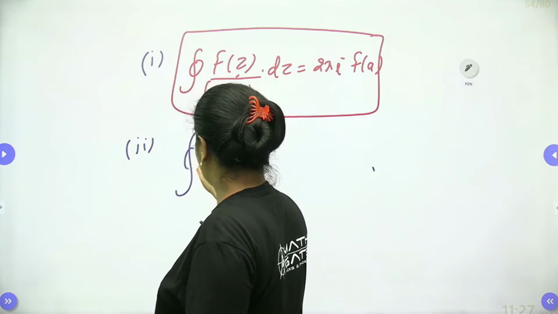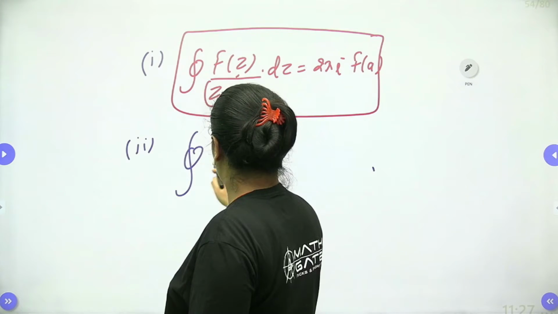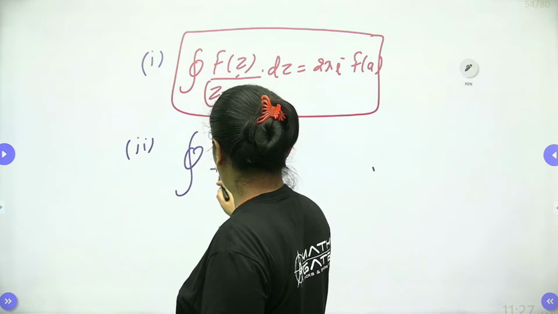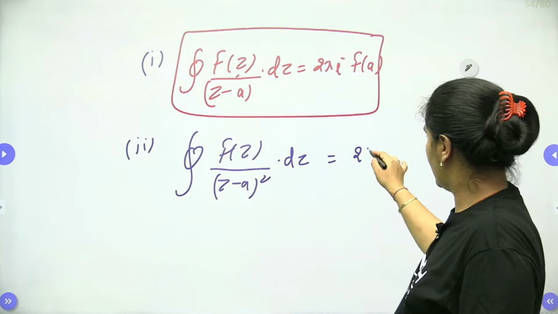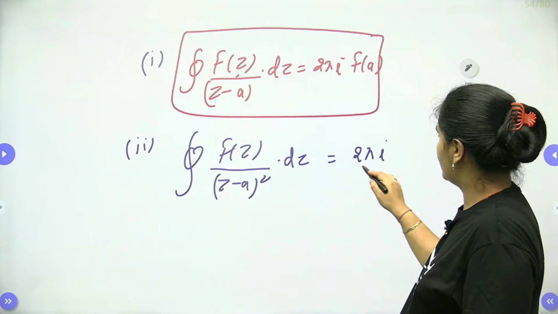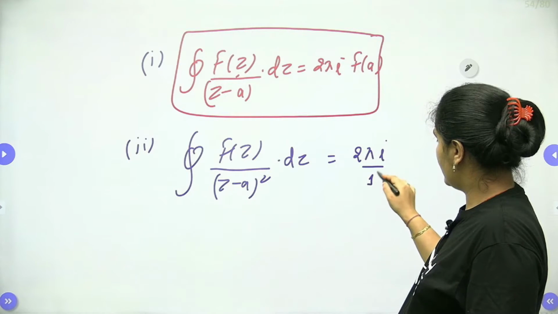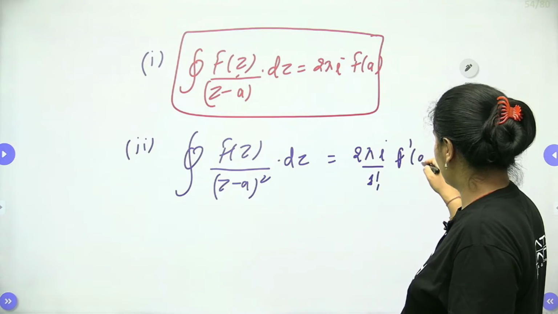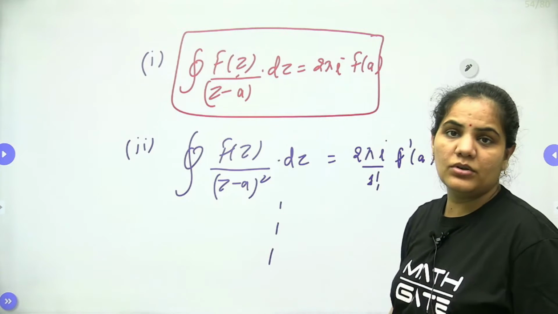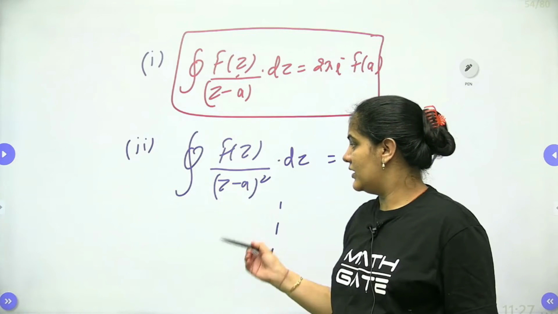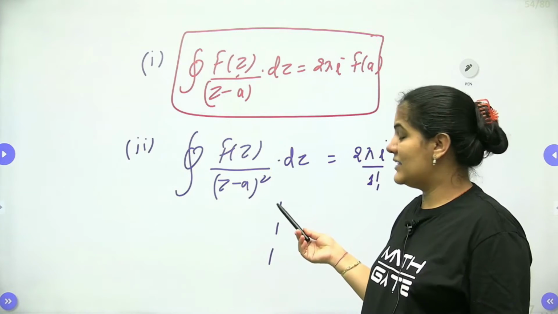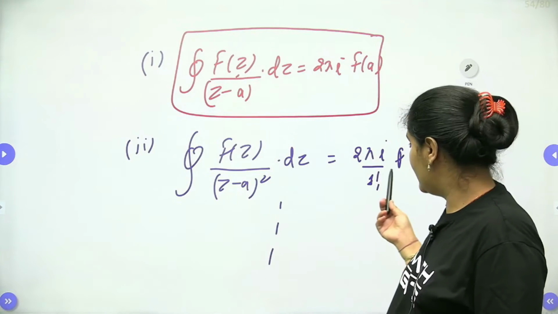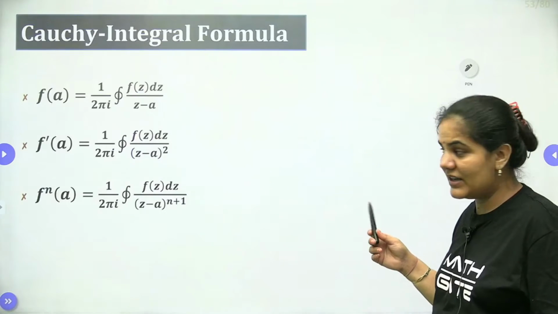The second one is for the double pole, since the first formula is applicable for the single pole only. When we have a double pole, the result will be 2 pi iota by 1 factorial and f dash a, and so on. When we have a triple order pole, that is a third order pole, it will be (z minus a) cube and the formula will be 2 pi iota by 2 factorial f double dash a.